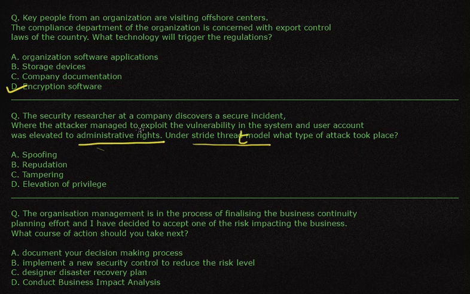Under the STRIDE model, which is spoofing, tampering, repudiation, information disclosure, denial of service, and elevation of privilege, the answer is elevation of privilege.